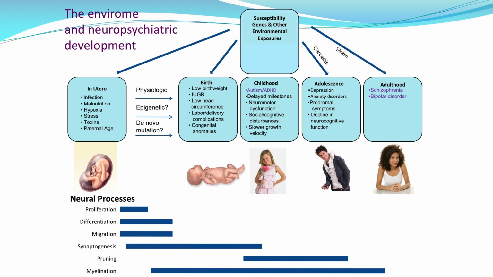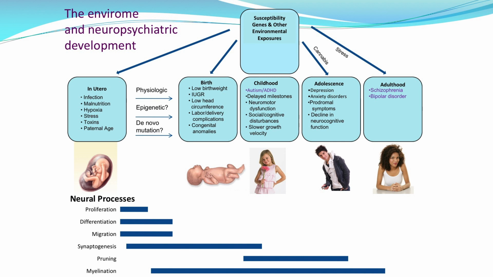So in childhood, of course, we see onset of autism and ADHD, delayed milestones, neuromotor dysfunction, social cognitive disturbances, and other problems. In adolescence, we see things like depression and anxiety disorders emerge, as well as the prodromal symptoms and decline in neurocognitive function that are characteristic especially of these adult onset disorders like schizophrenia and bipolar disorder.